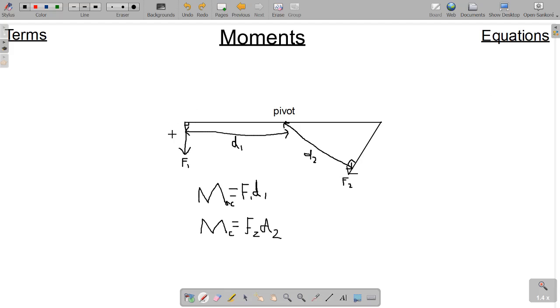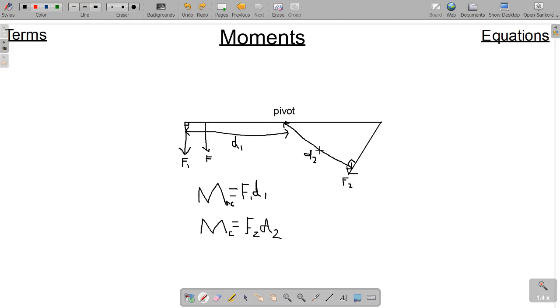So one thing to note is that if there's another force here at a second distance away from the pivot, the clockwise moment is actually the sum of all the forces times distances pointing in the clockwise direction, and likewise for anti-clockwise.